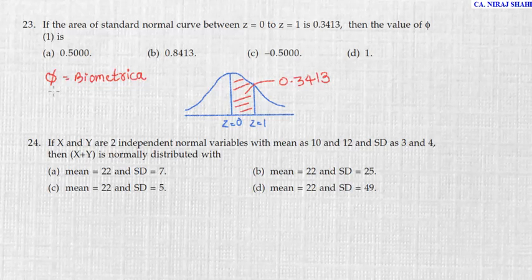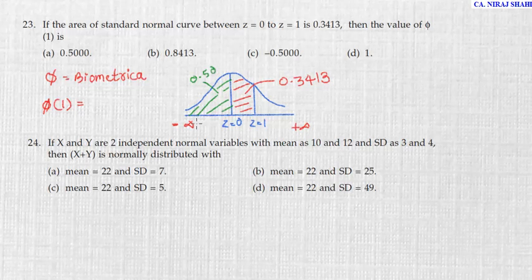Okay, now to find out phi(1), we actually have to find the area from minus infinity. So what we need to do is add this much area into our answer. You know this green area is 0.5.